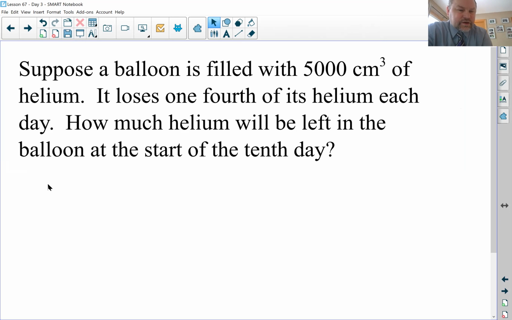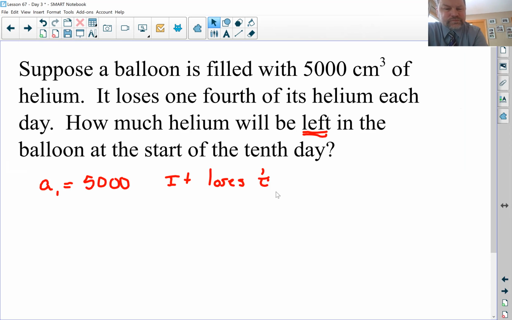So in this case, our initial condition is 5,000. It's losing 1/4. But we want to know how much is left. So if it loses 1/4, three-fourths is left.